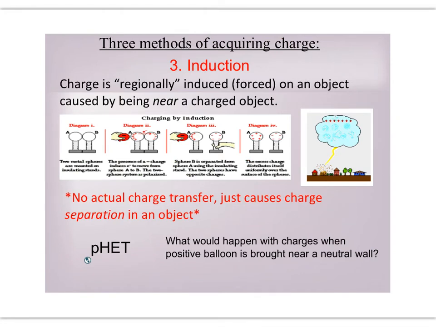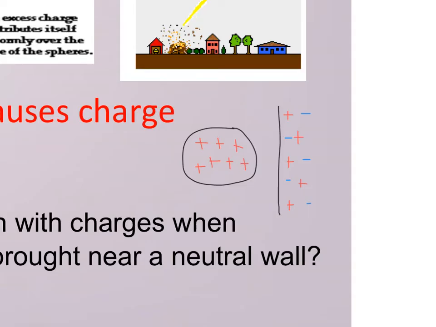Induction is when two objects are near each other but do not actually touch. During the process of the objects coming nearer to one another, they can attract or repel. Let me give you an example. Suppose I have a positively charged object placed near a neutral object. This is actually going to be like a balloon, and this is going to be like a wall.